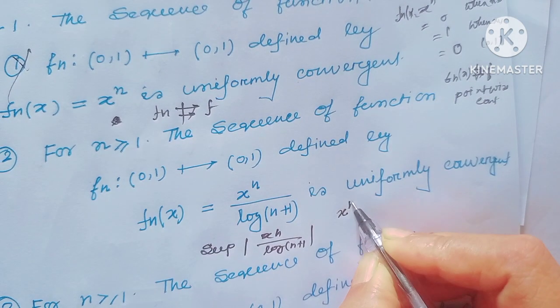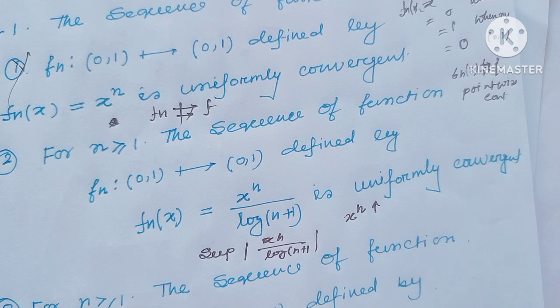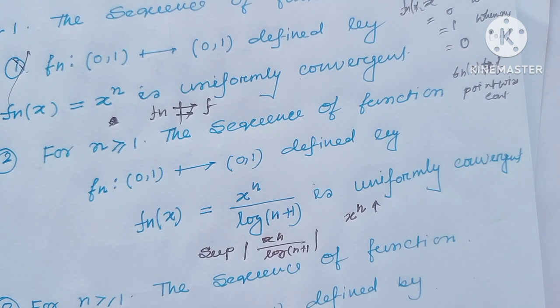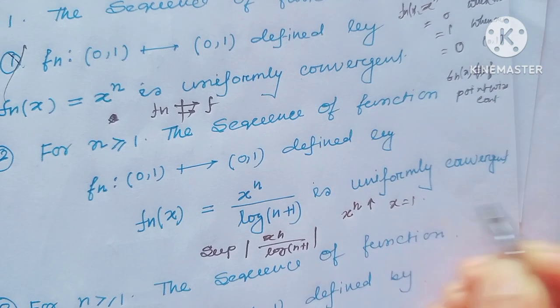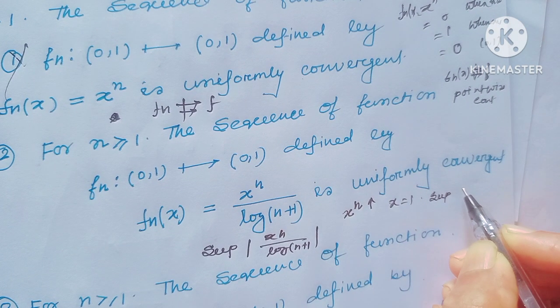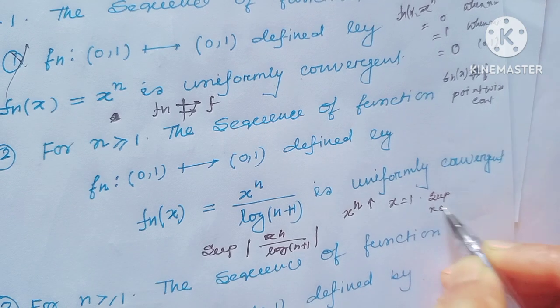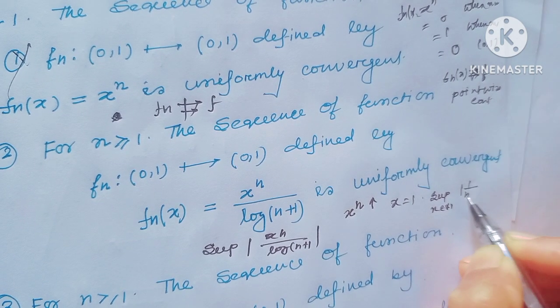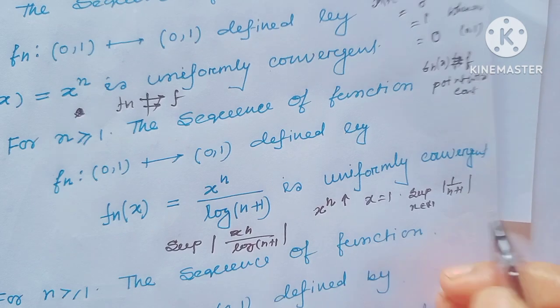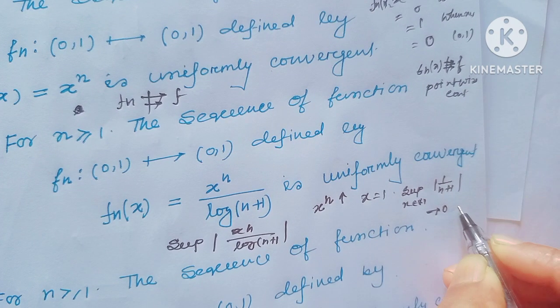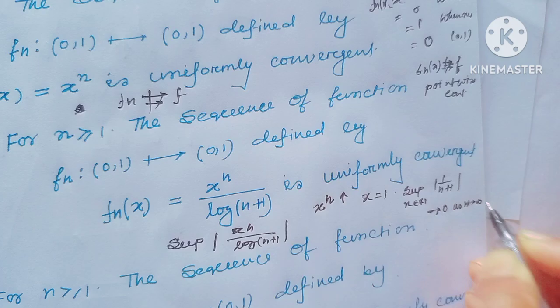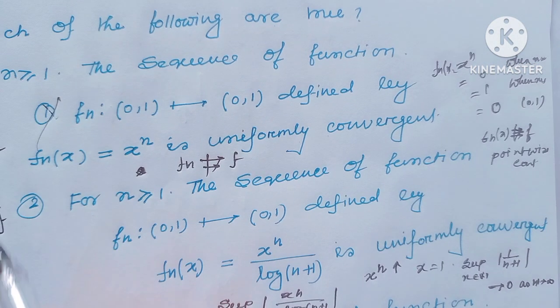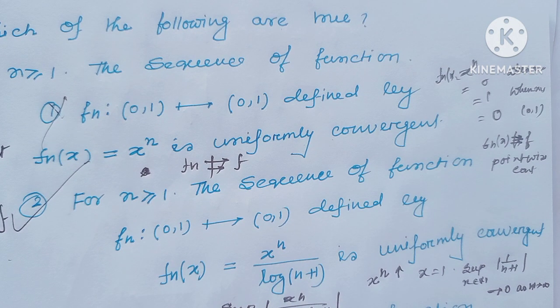Since x to the power n is monotone increasing, the supremum exists at x equal to 1. So the supremum over n belonging to natural numbers of 1 over log(n+1) tends to 0 as n tends to infinity. So fn(x) is uniformly convergent on the open interval (0,1).